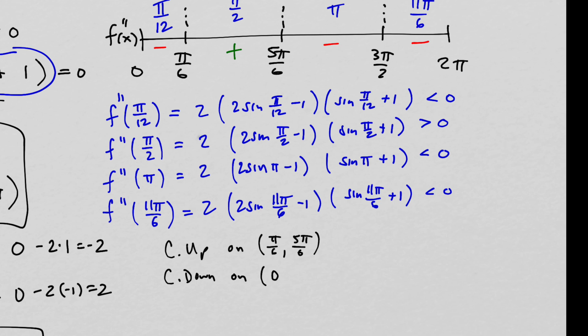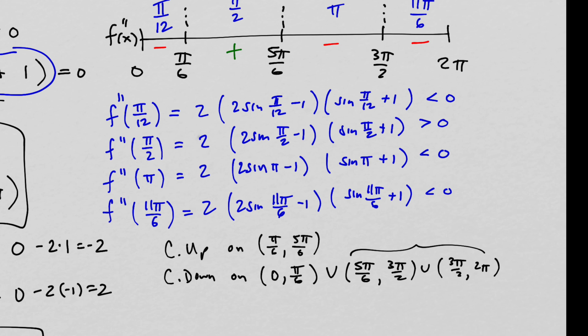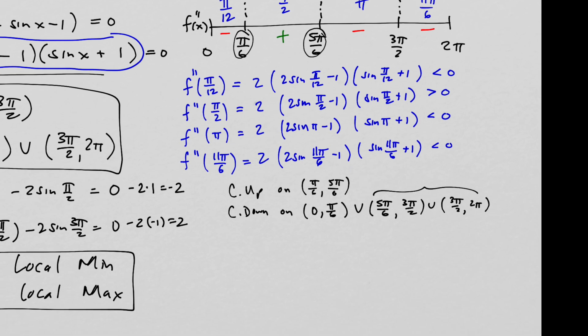And so that will be from 0 to pi over 6, union from 5 pi over 6 to 3 pi over 2, union also 3 pi over 2 to 2 pi. And these last two intervals can be combined because it does not change concavity there. So you have two inflection points, pi over 6 and 5 pi over 6.